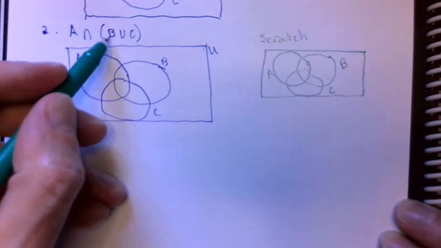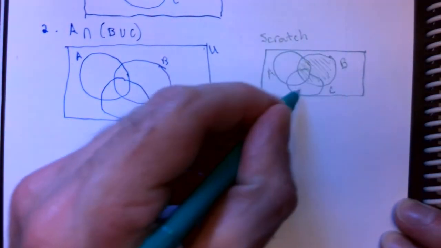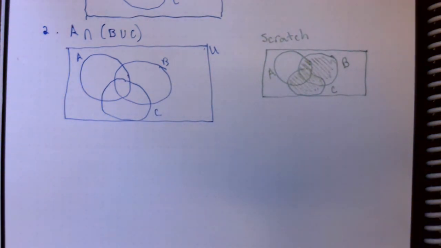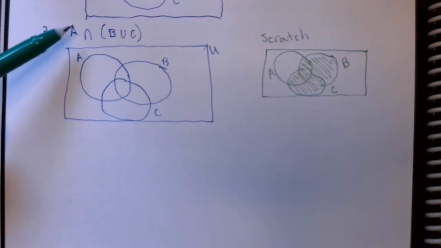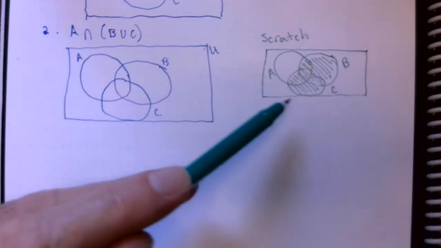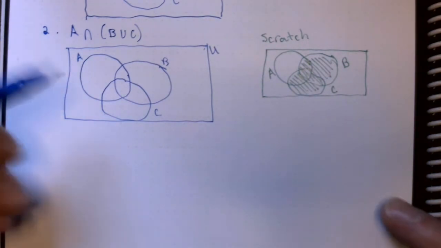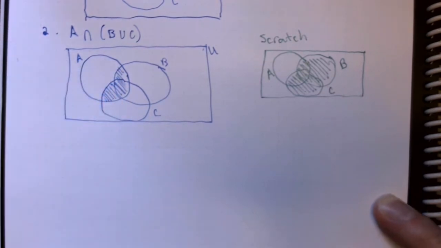In the parentheses we've got B union C. So we're going to take the set B together with the set C. Remember, union means you're taking the two sets and combining them into one big set. So that's B union C. Now we've got to overlap that with A. We're looking at where the region I've shaded here overlaps with the circle for A, and it's not hard to see that the overlap is right there.